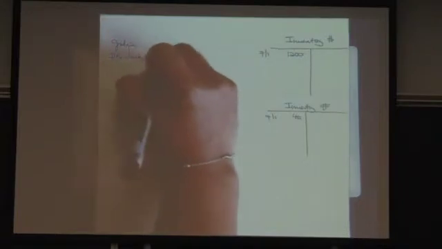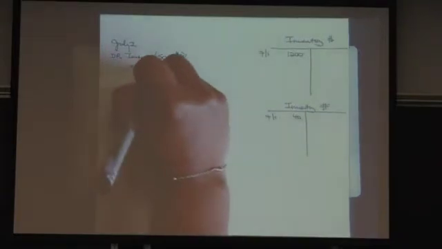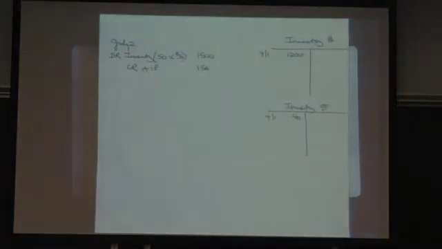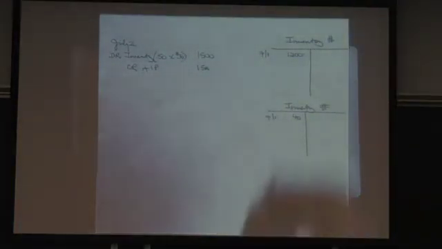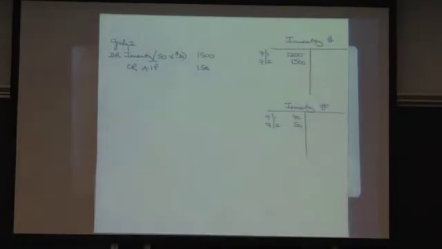We're going to debit inventory for 50 times $30, and we're going to credit accounts payable, and that's $1,500. So on 7-2, we have $1,500, and on 7-2, we bought 50 units.